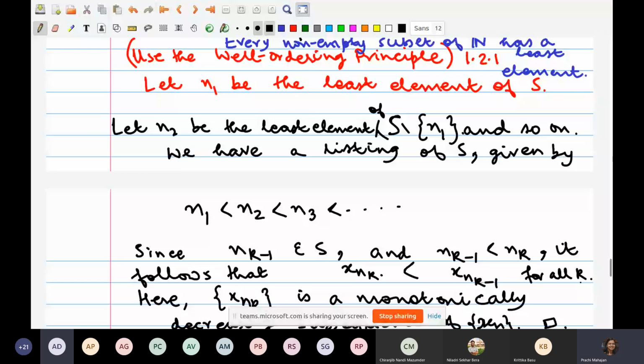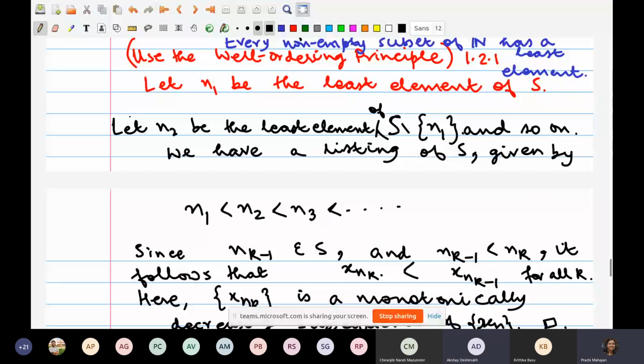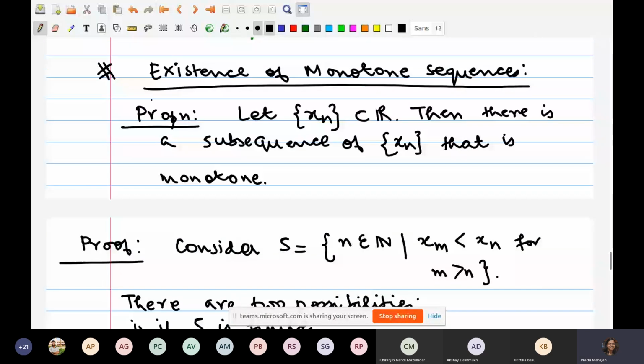We are not talking about convergence of x_n and its subsequences. The statement of the theorem is that there is a subsequence of x_n that is monotone. We are not bothered about what happens to the convergence.